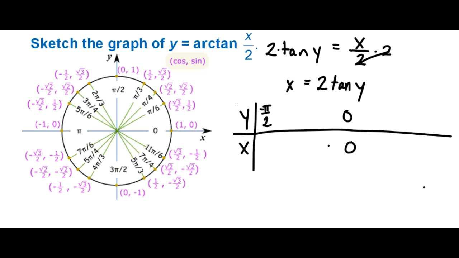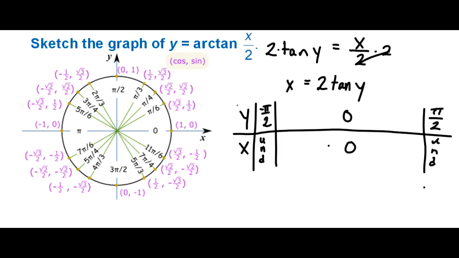If I put negative pi over 2 in for y, the tangent of negative pi over 2 is going to be negative 1 divided by 0. So I'm actually going to get undefined here. And that would also happen over here if I did positive pi over 2, because I'd have 1 divided by 0, which is also undefined. So let's try some other values.